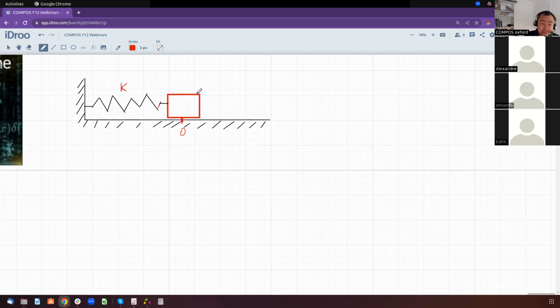If you pull the mass to the right, there's a force returning it to the left. If you pull the mass to the left, there will be a force to the right. Okay, is that clear?